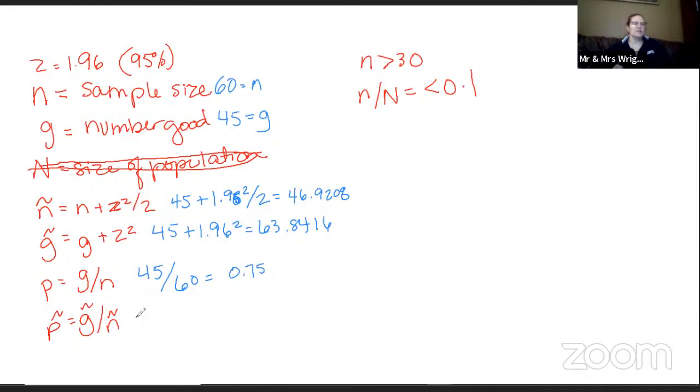And then adjusted G divided by adjusted n is going to be 46.9208 divided by 63.8416. And that will equal 0.73495.